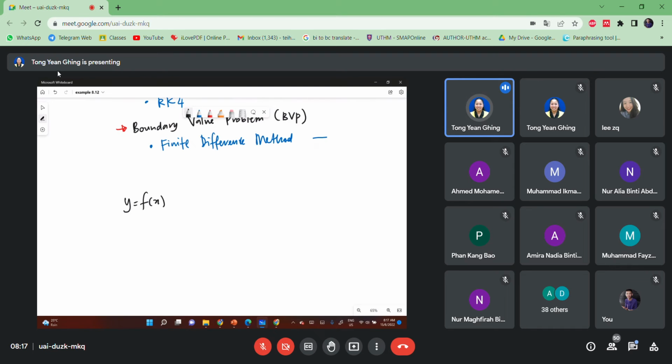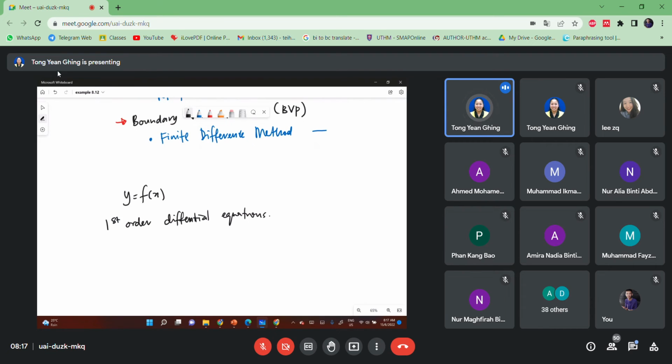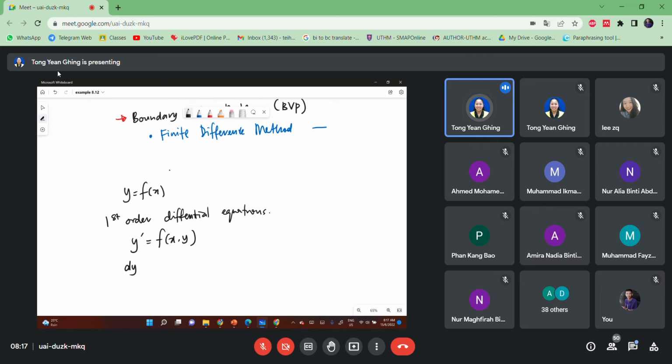So when we want to do the first order differential equations, it becomes the form like this, or we can even write dy/dx. That means the function of y equal to f(x). We differentiate the function of y with respect to x, so we obtain the ordinary derivative.